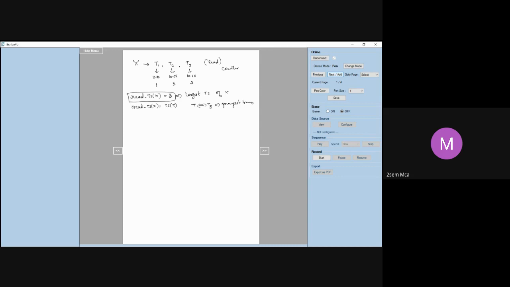Now, suppose another transaction comes, T4. Now I'm coming to our basic TO algorithm. Let us say this T4 wants to do a read operation.